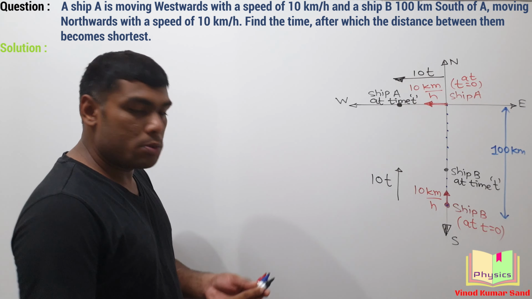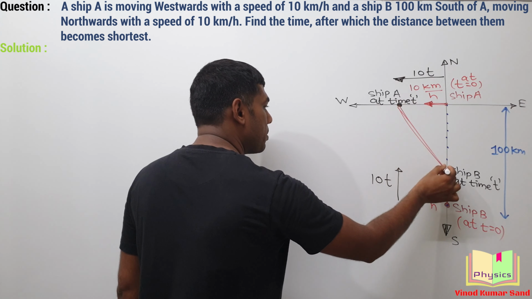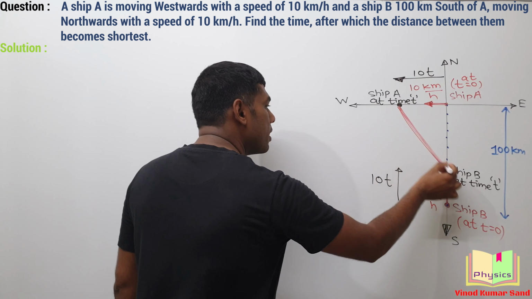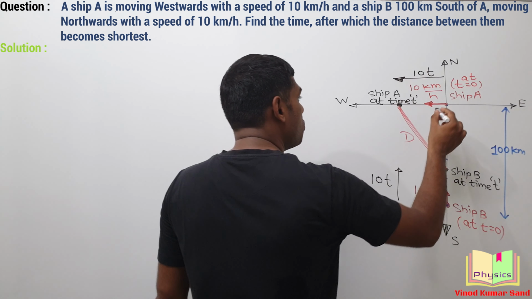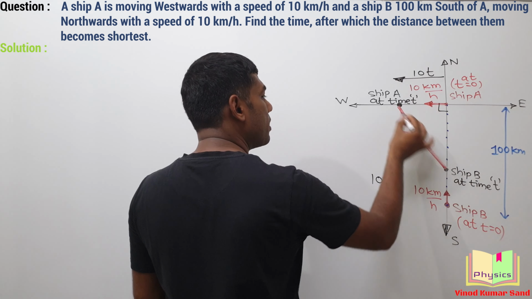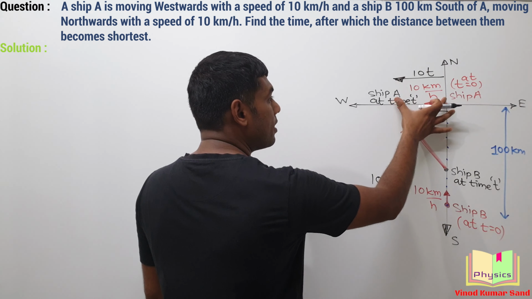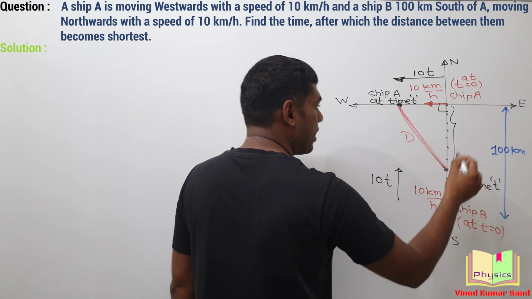Now, what is the distance between ship A and B? Correct. This is the distance between ship A and B. I am calling this distance, let's say, capital D. Using the Pythagoras theorem in this triangle, we can easily obtain capital D. This length of the triangle is 10t. And how much is this length? Correct.